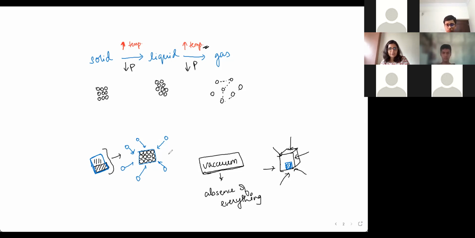So coming back to what we're discussing now, ice in normal condition, the water molecules are packed tightly over here, and atmospheric pressure is acting on it. So let's take the same ice and keep it in a vacuum. Let's say this is the vacuum chamber.